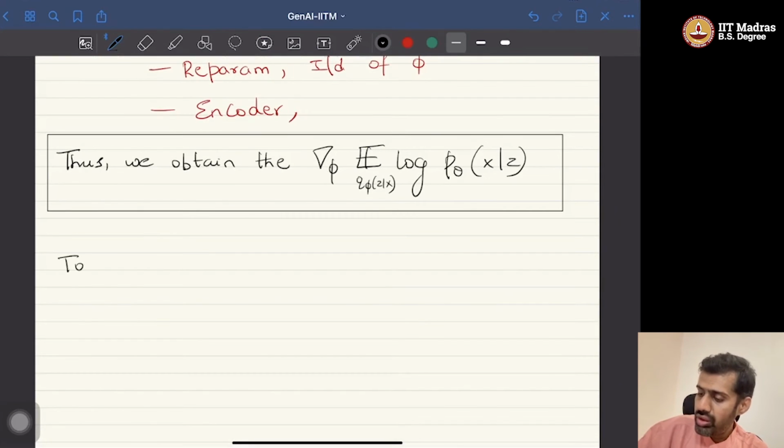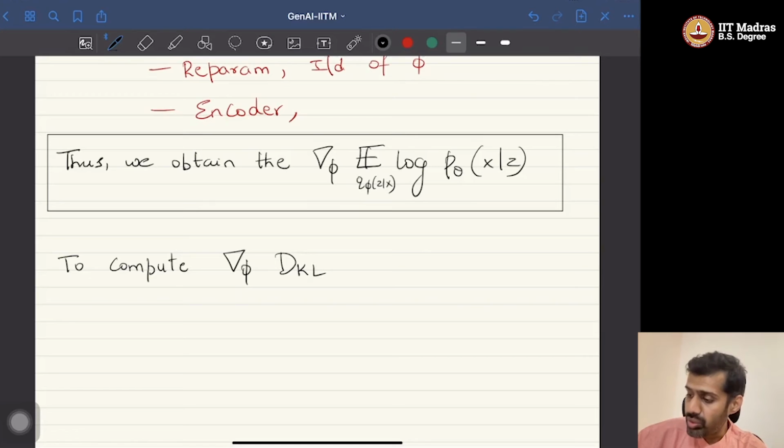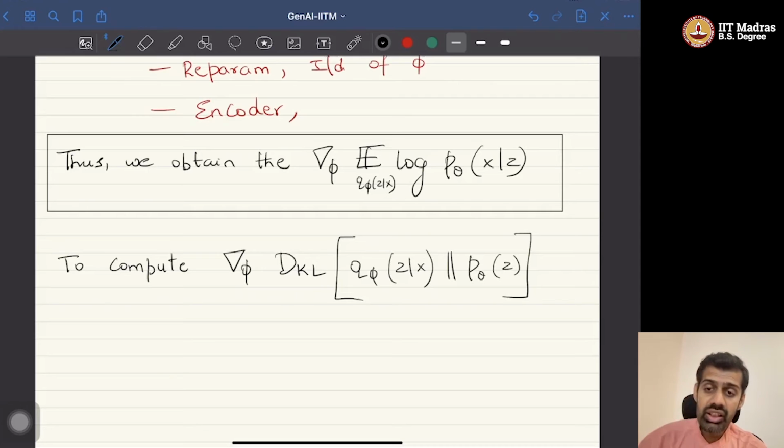What we need to compute is the gradient of the encoder parameters with respect to the second term in the ELBO. So what is the second term in the ELBO? It is the KL divergence between q phi of z given x and p theta of z. Let me write that down.